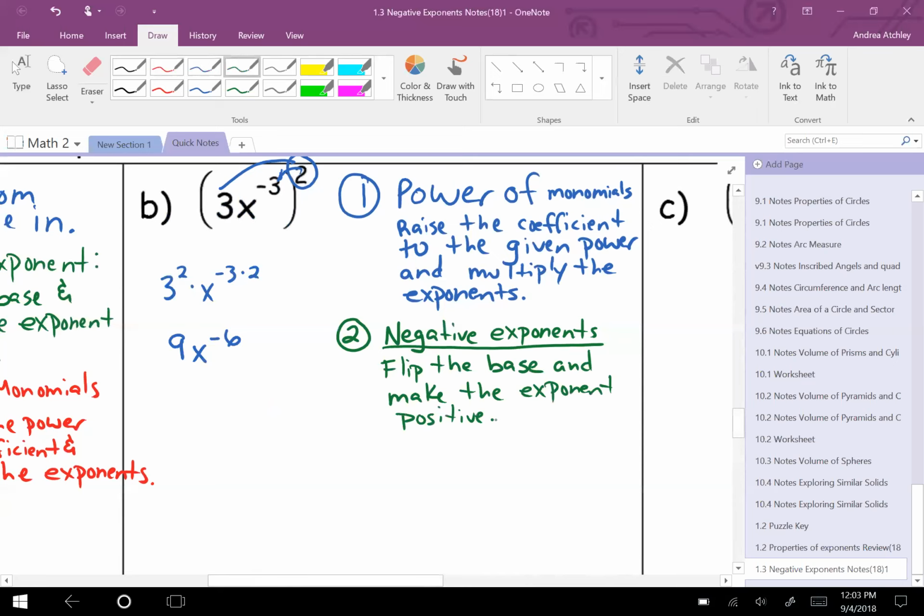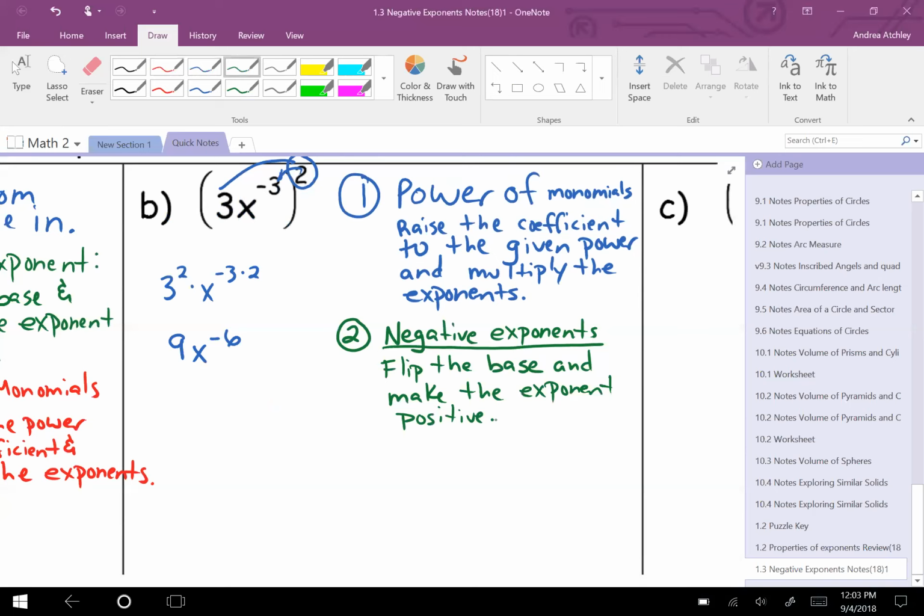Now determining the base here is what's going to be tricky. What is the base of my exponent that's negative 6? Everyone tell the person sitting next to them, what do you think the base is? Okay, I heard lots of unsures.